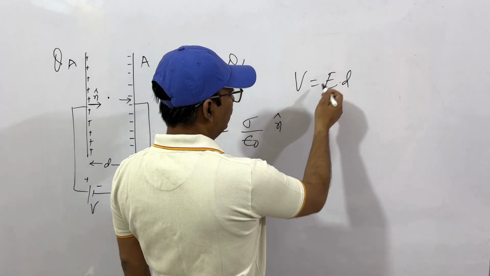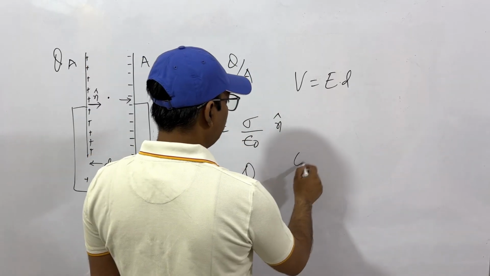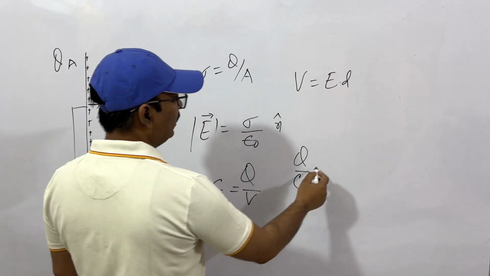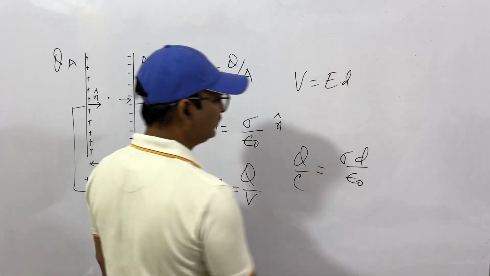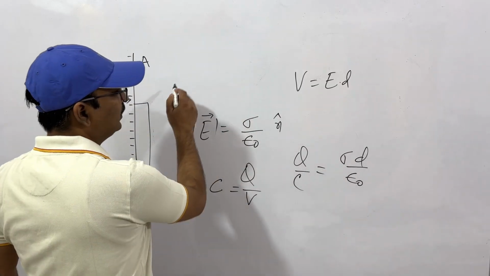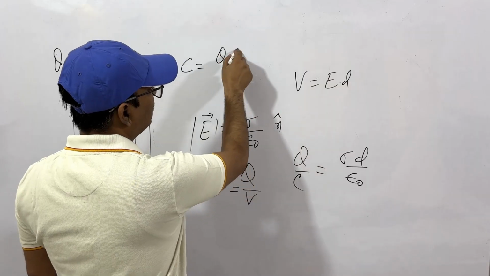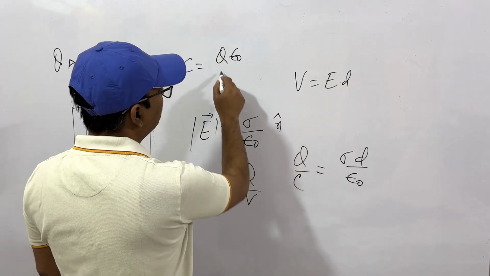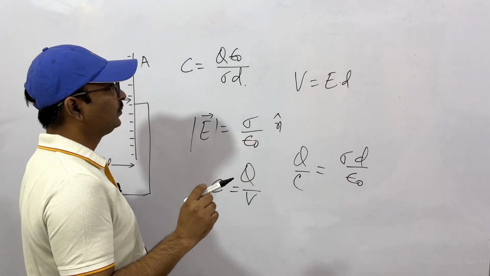So V is E into d. V is equal to Q by C, and V is also equal to sigma d by epsilon 0. Clear? So C can be written as Q epsilon 0 by sigma d. This is the value of C.